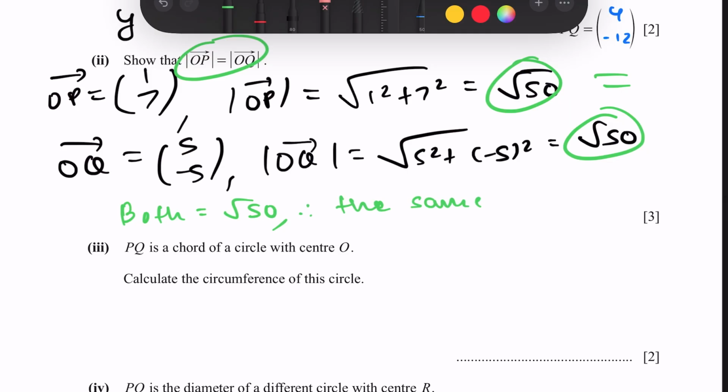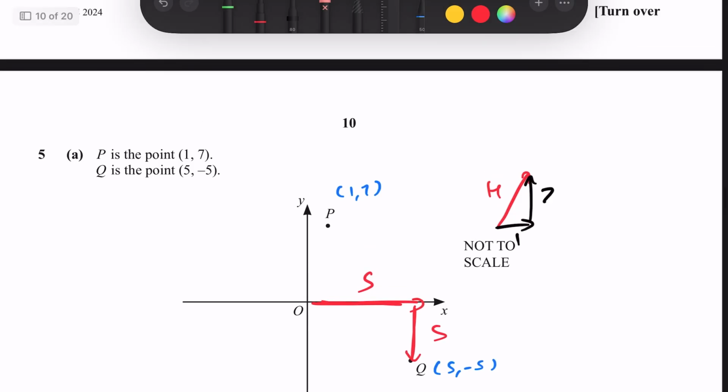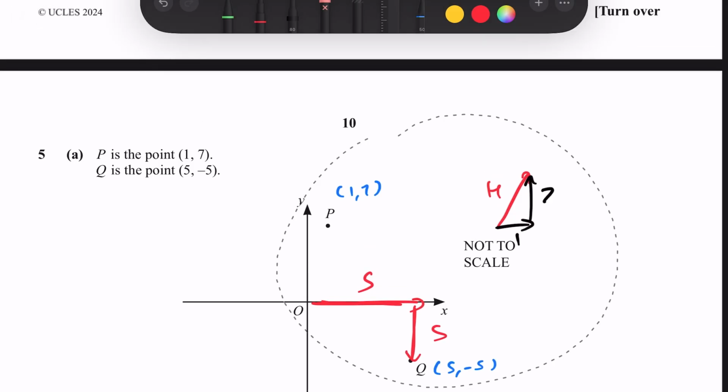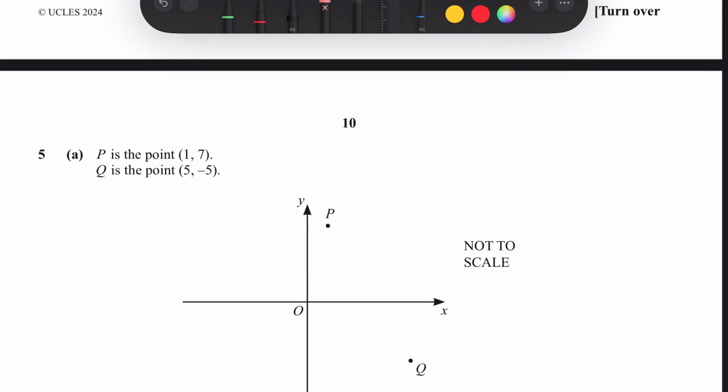Now III says that PQ is a chord of a circle with center O. Calculate the circumference of this circle. So if we look back up and erase all our previous work, sadly, we have to imagine PQ as a chord, which means that it's a line that connects 2 points on the circumference of a circle. And the circumference itself, if we imagine it as something like this over here, continues on.